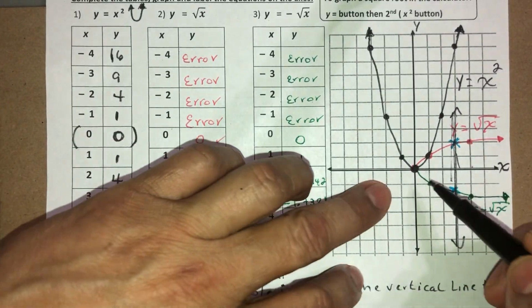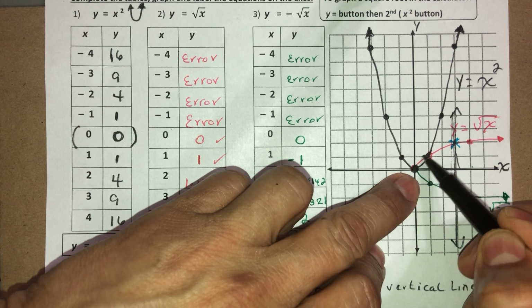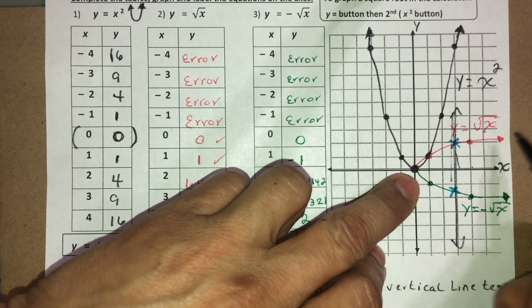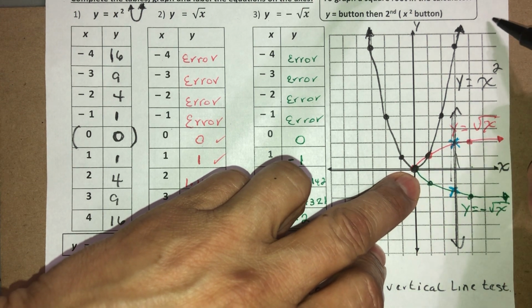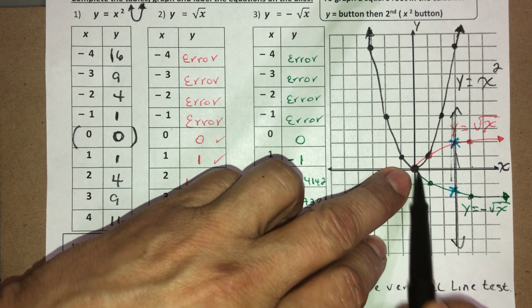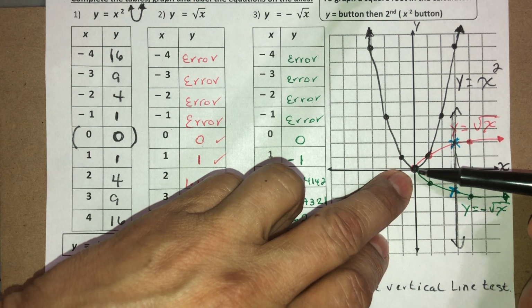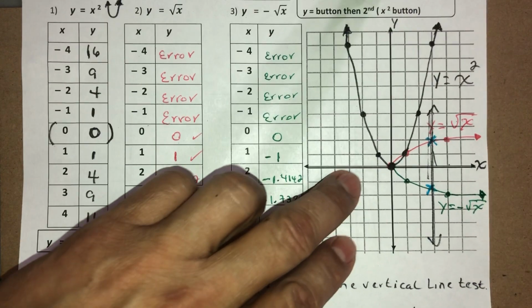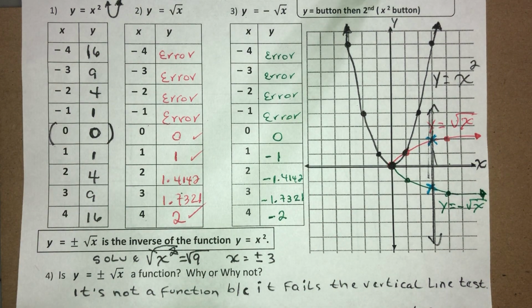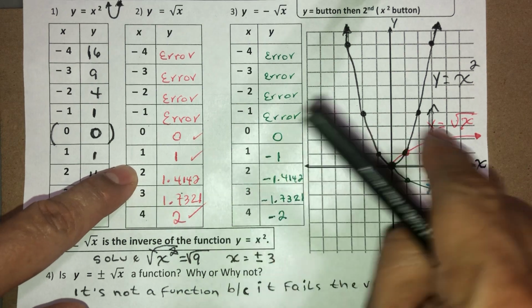On the x values, it starts from 0 and goes to positive infinity, and also the y goes to positive infinity. But on the negative side, the x values go to positive infinity, but the y value goes to negative infinity. So you can get the domain and also the range from the table or from the graph.